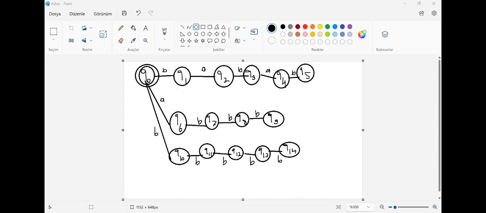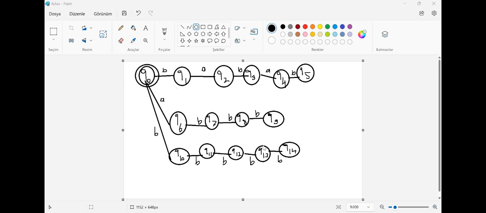Let's understand the problem in this question. What does it mean here? That string w consists of any sequence of the characters a and b.